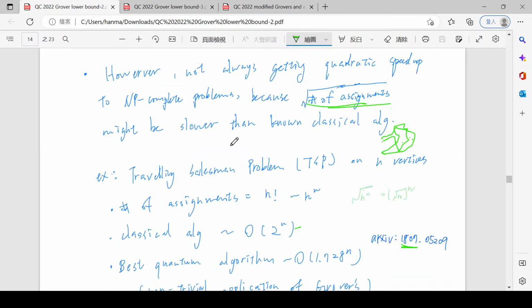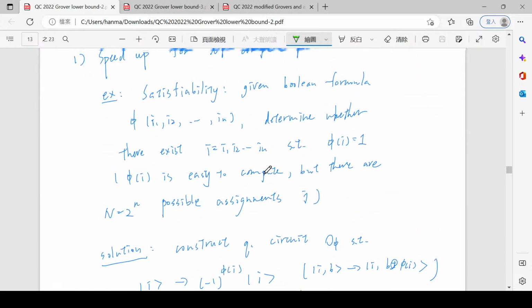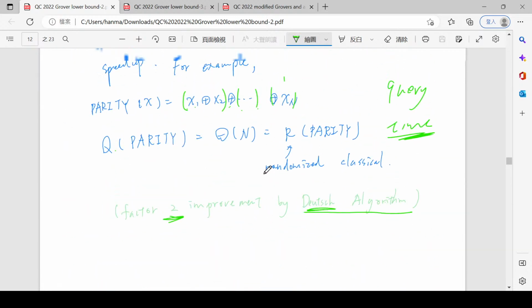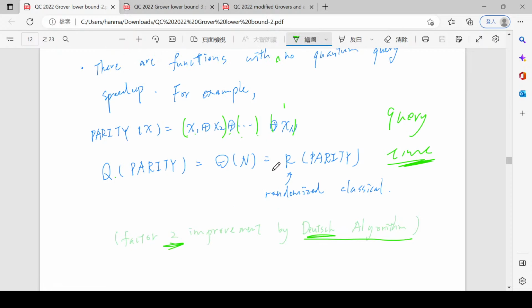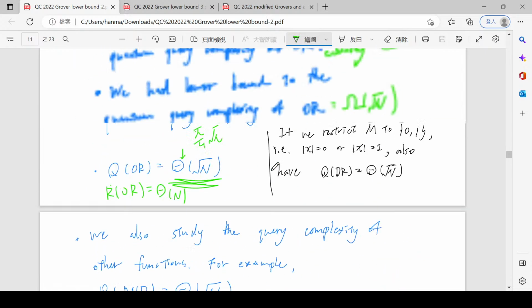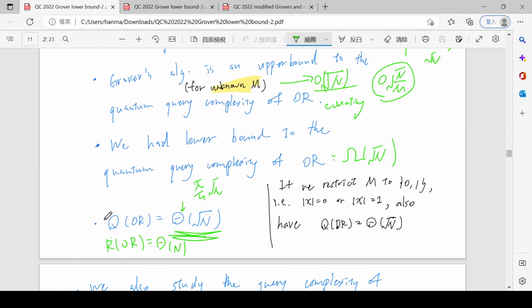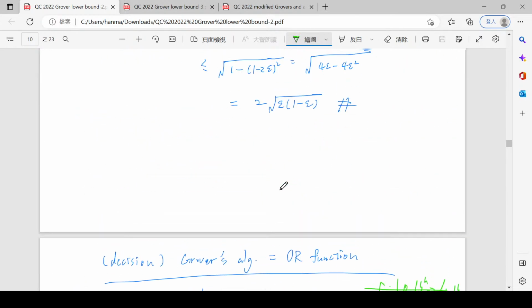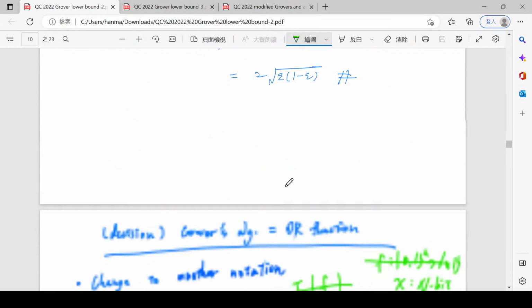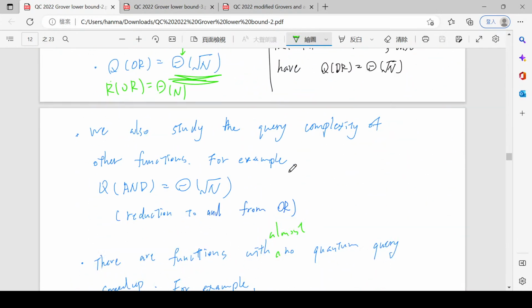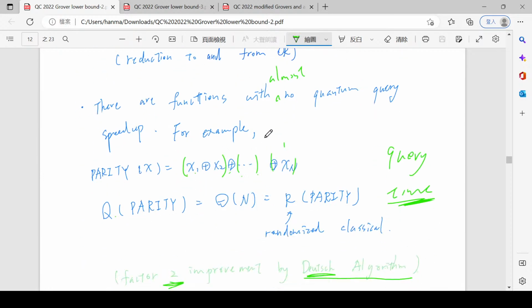Last time we finished the global lower bound, and we started to theorize Grover search more. We said it is computing this OR function, and we started to talk about applications of this Grover search algorithm.